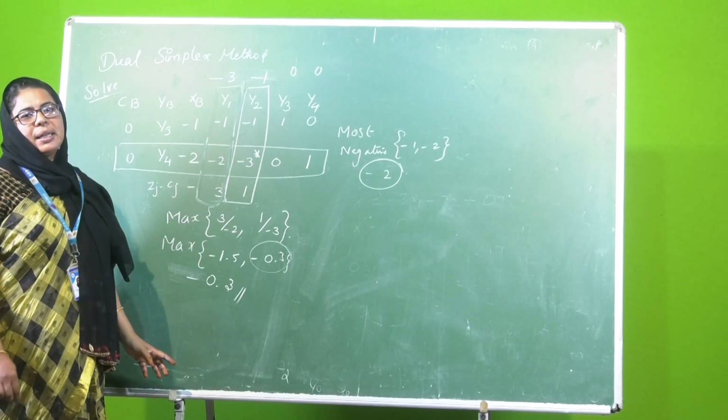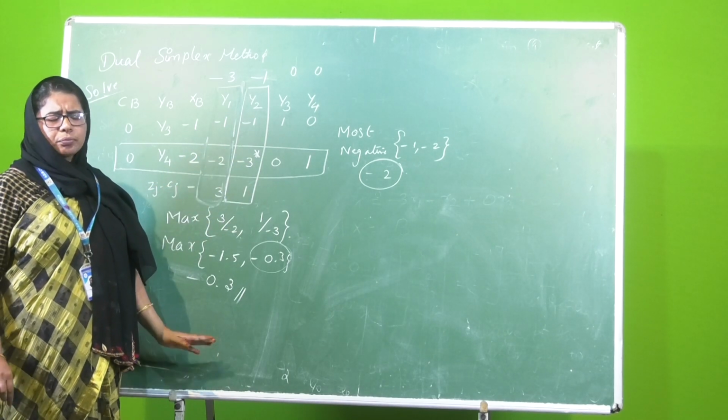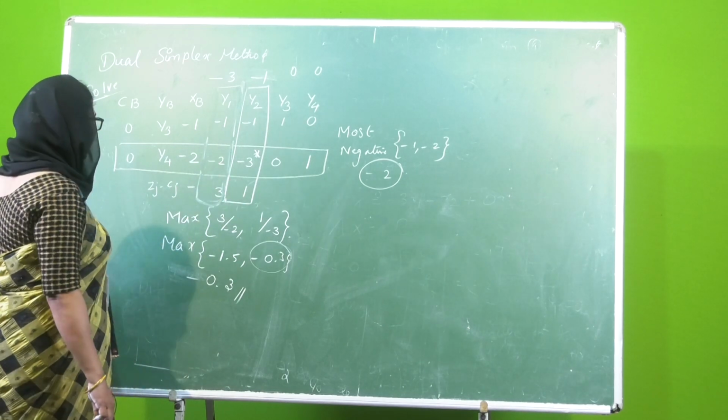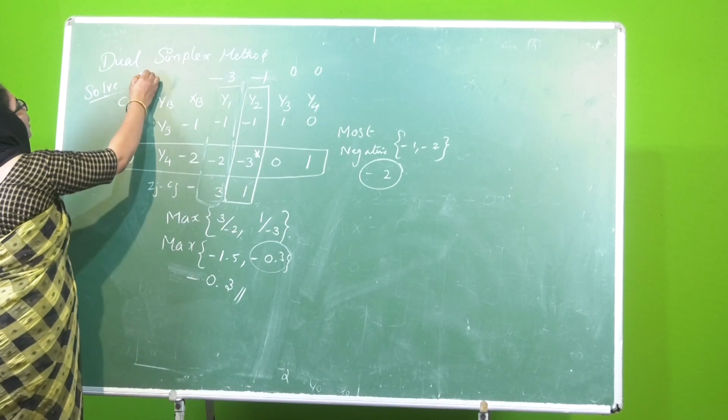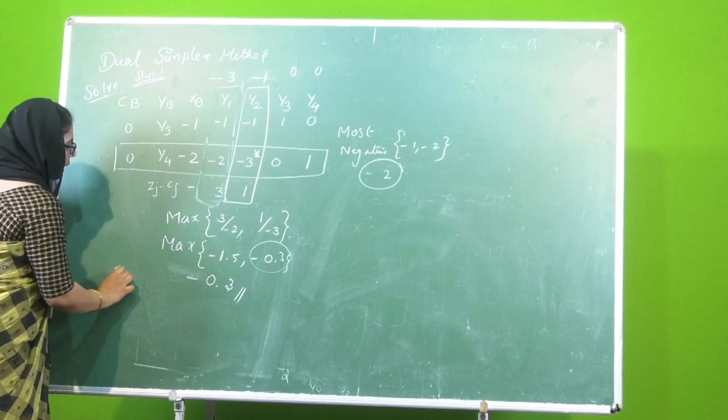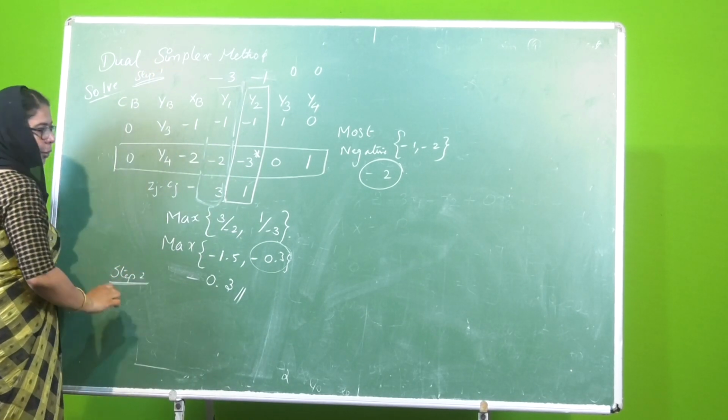So obviously minus 3 is the pivot element. In the next tabular column, step 1, iterative 1, next iterative 2, step 2.